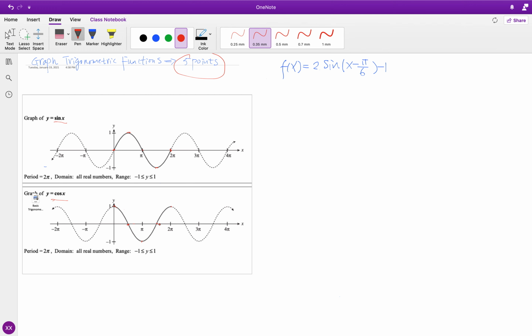They're on the x-axis. So the graph is starting from the max, going back to the max. That's for cosine. Now sine is not starting from the min, but starting from the 0 or the midline, going back to the midline. Okay.